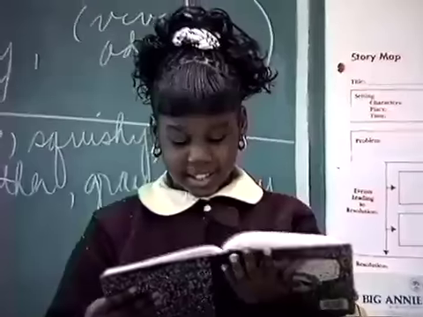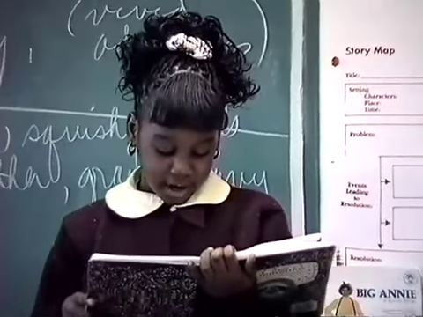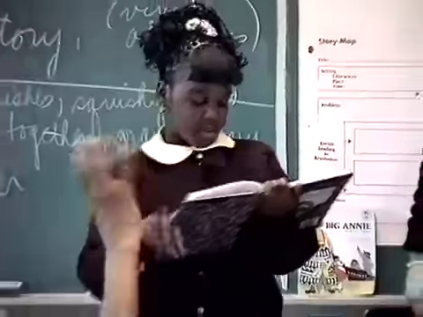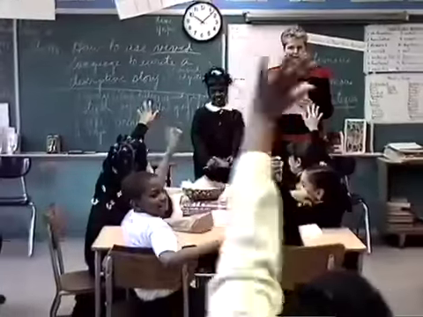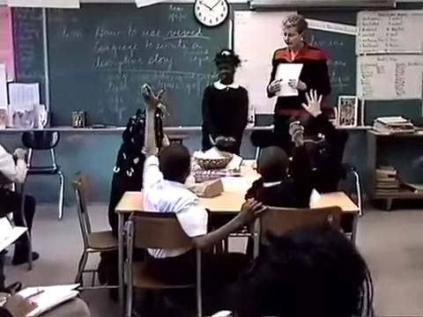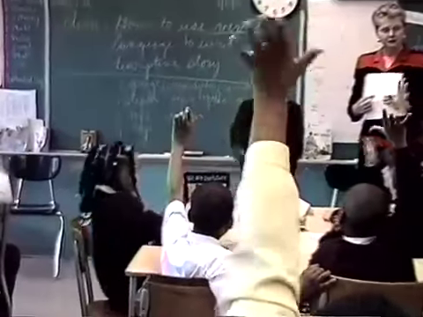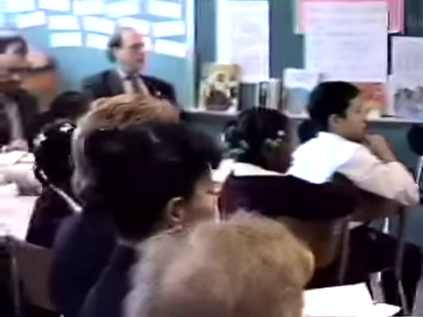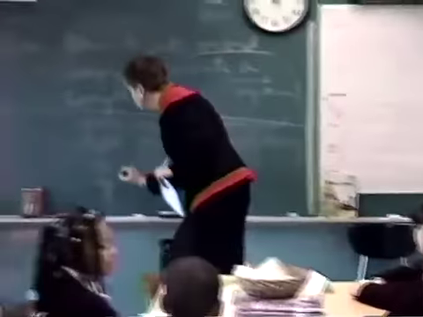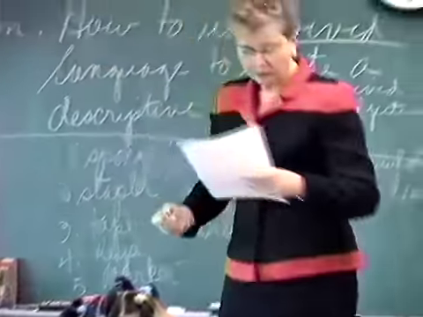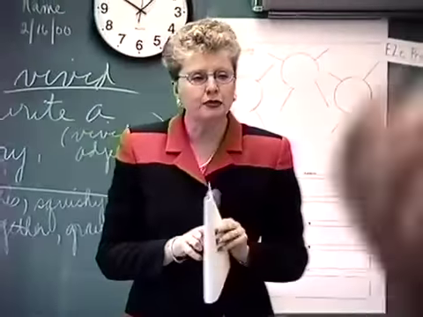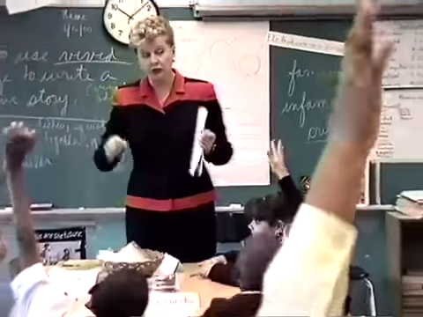It's red, it's a cylinder, it's hard, it's writable, it's Crayola, and it's washable. Marker, all right? What descriptive or vivid language gave you a clue that it was a marker?